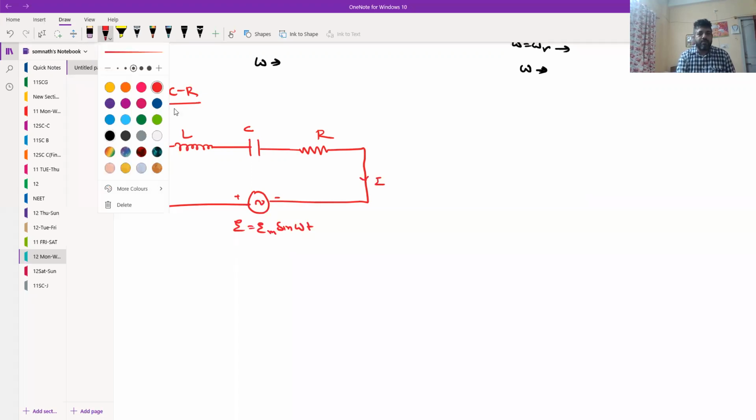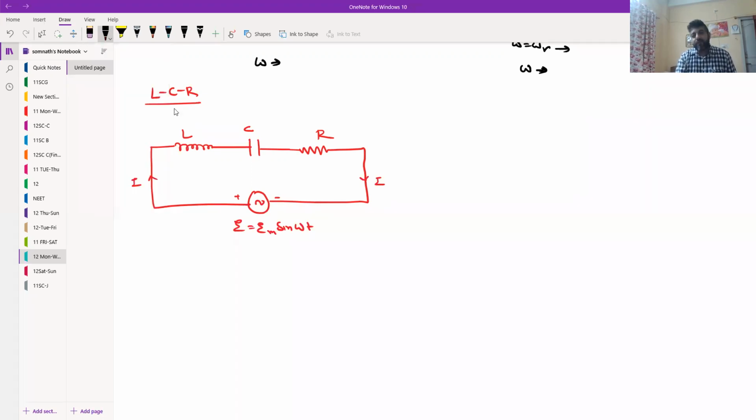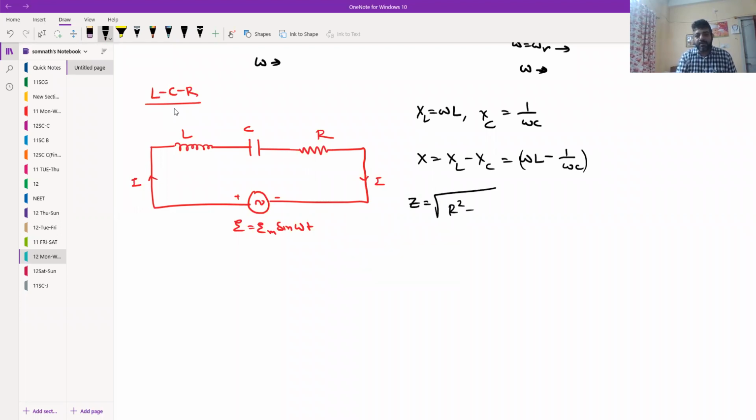First of all, we know all the values: XL is omega L, XC is 1 by omega C, X is XL minus XC, that is omega L minus 1 by omega C. Z is root under R square plus X square. IM is EM by Z, we have this value.